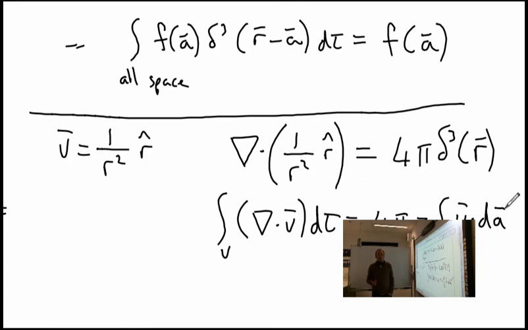Now, finally, we can write this out in terms of our separation vector, which is r minus r prime.